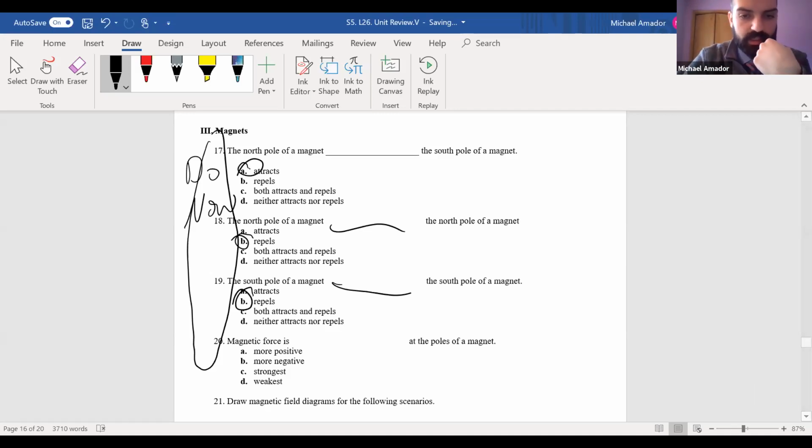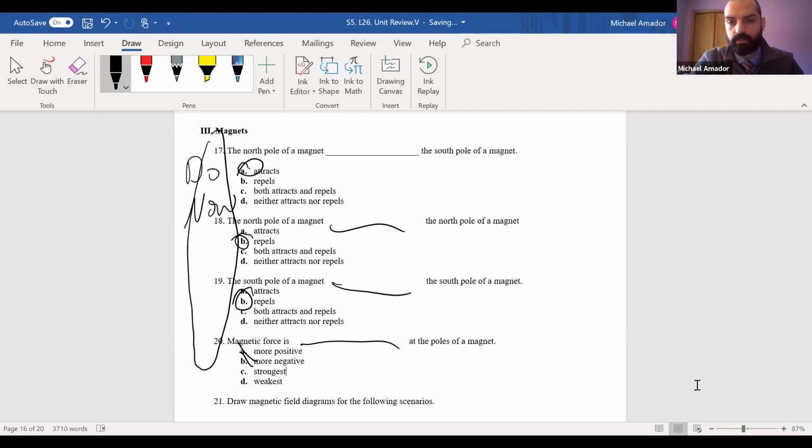Magnetic force is blank at the poles of a magnet. Our answers are more positive, more negative, strongest, and weakest. I'm going to tell you it's not A and it's not B. Can someone explain why it's not positive or negative? What is this confusing magnetism with?